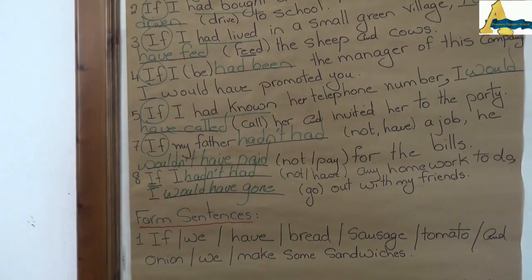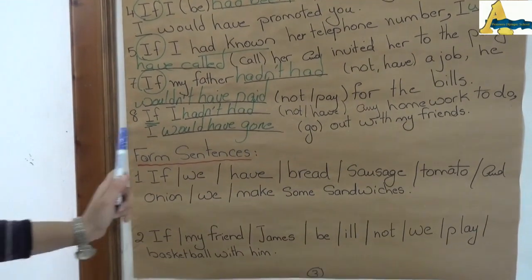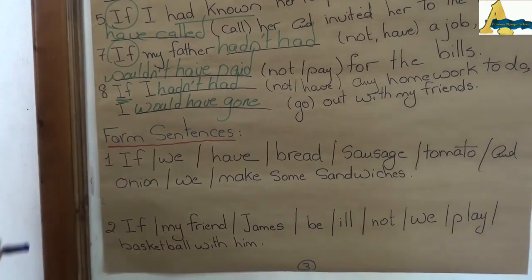Now it's time to form sentences. If we have bread, sausage, tomato, and onion, we make some sandwiches. How can I write it?